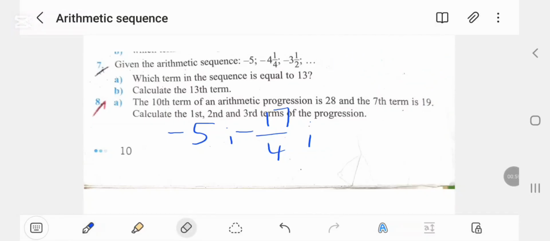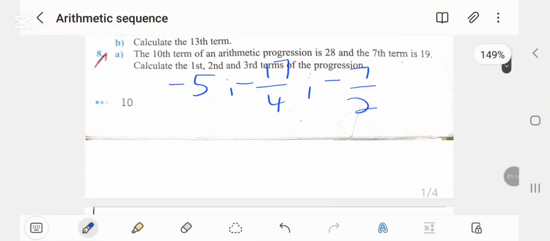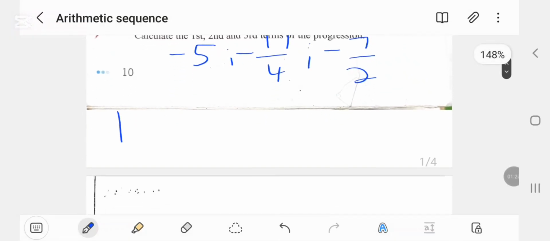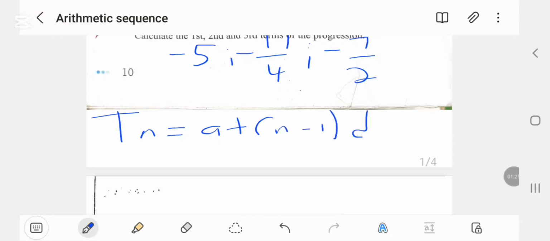And then the last term is minus 7 over 2. So now calculate which term we're looking for, n. Tn is equal to a plus n minus 1, and then d.